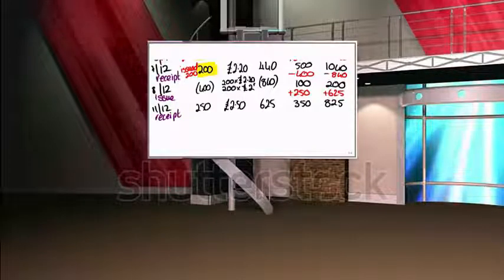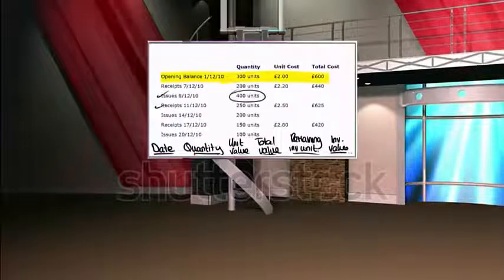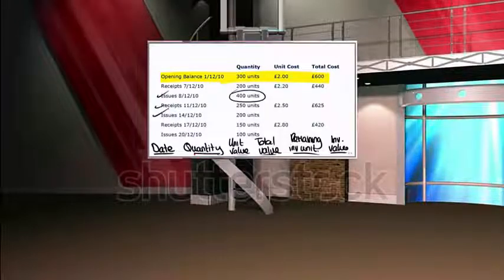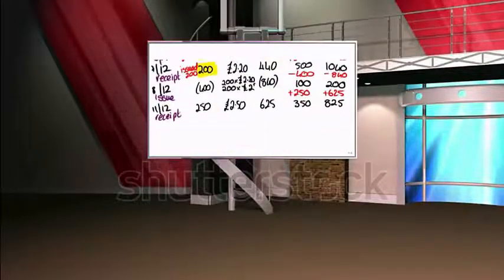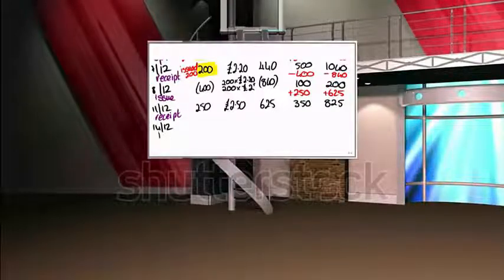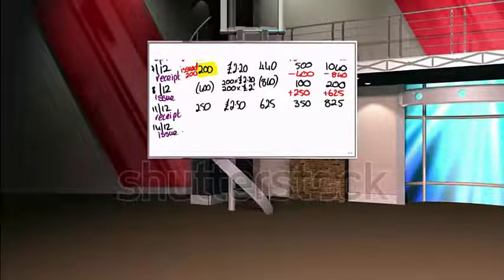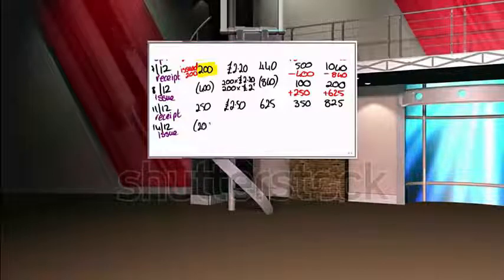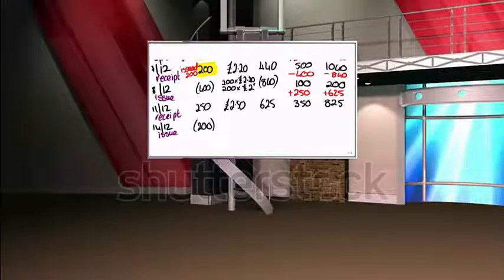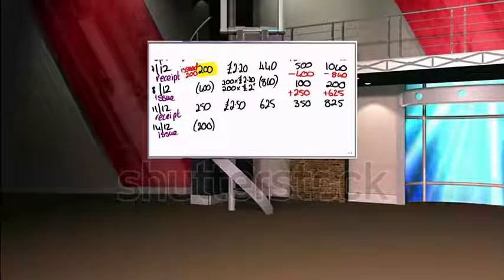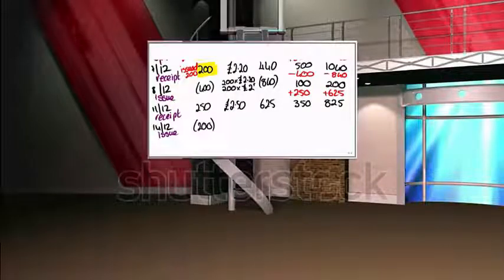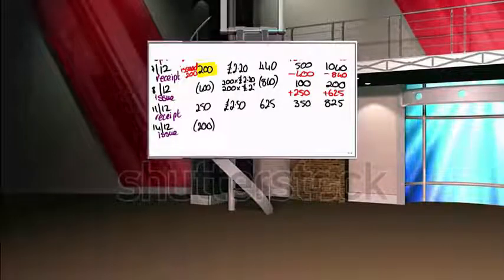Okay, so next bit of information, we issued 200 units on the 14th of December. So 14th of the 12th, we have an issue of 200 units. What value are we going to place on this issue? We're using the last in, first out method, so we are going to issue our most recently purchased units.